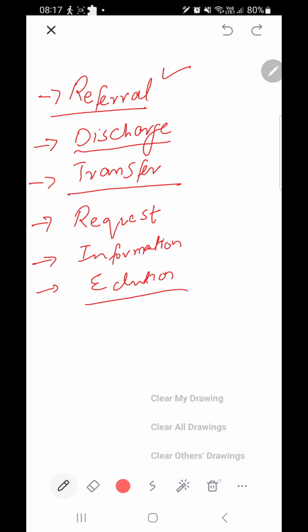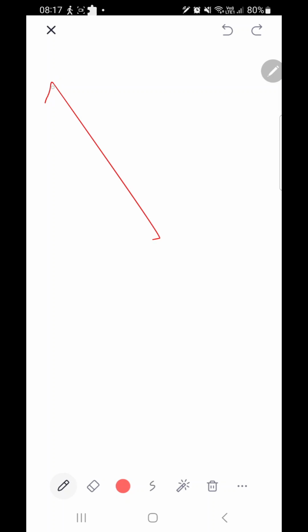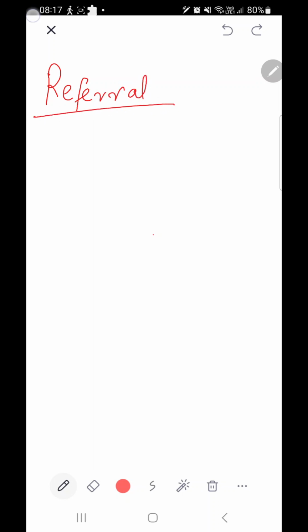So, in general, what is the concept of referral in medicine? So, all the types of letter we discuss right now can be the category of referral letter. Even discharge can be a category of referral because in the writing task, you would see that write a referral letter to Dr. Blah blah for a patient who will be discharged after tomorrow and so on.